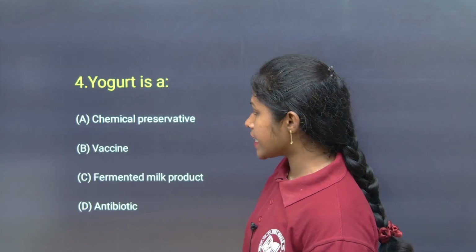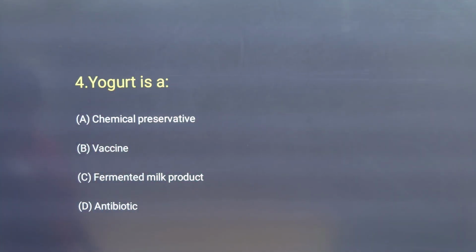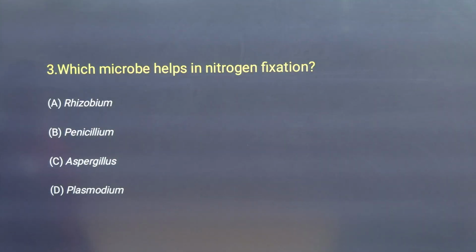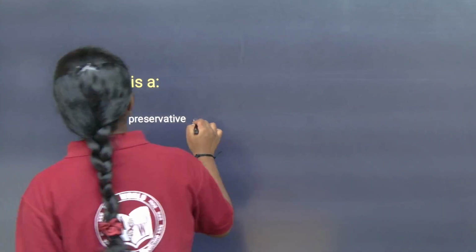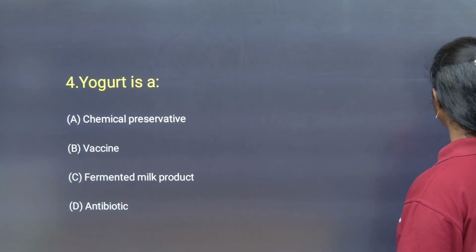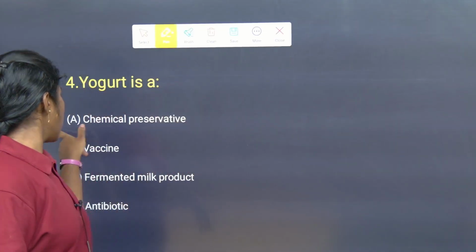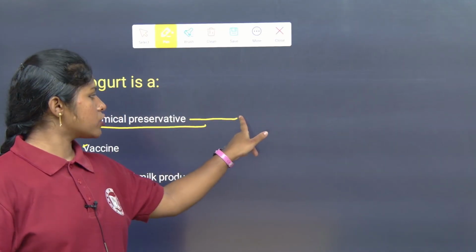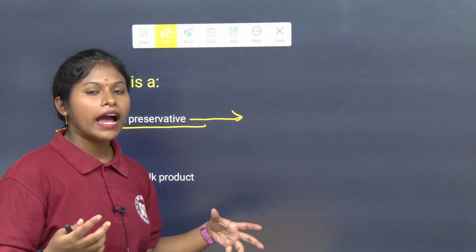They are asking whether yogurt is a chemical preservative, a vaccine, a fermented milk product, or an antibiotic. Is it a chemical preservative? No. Chemical preservatives are sodium benzoate and sodium metabisulfite, which are used to preserve food and increase its shelf life.